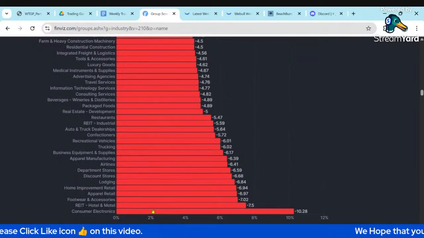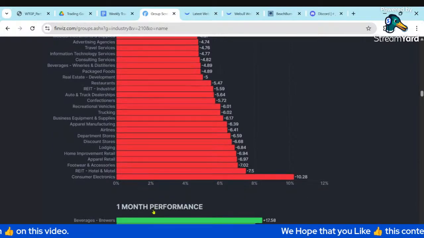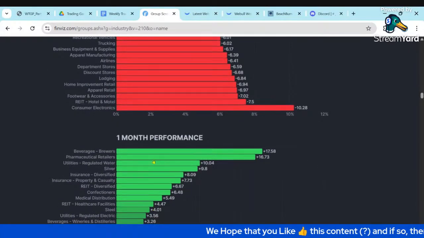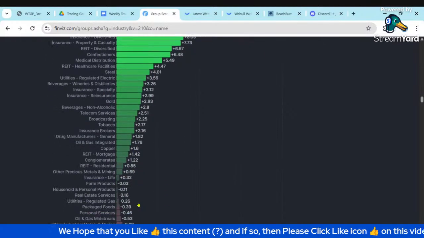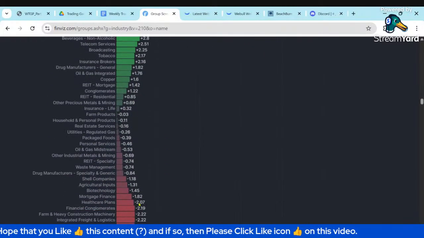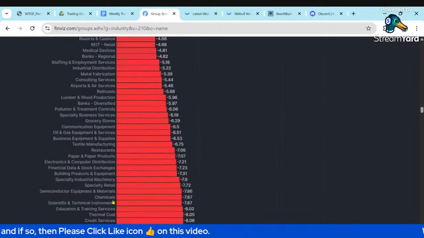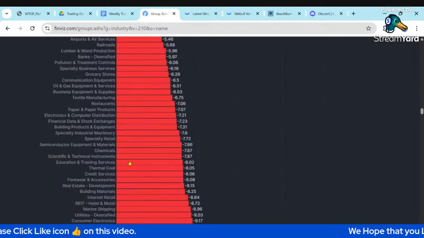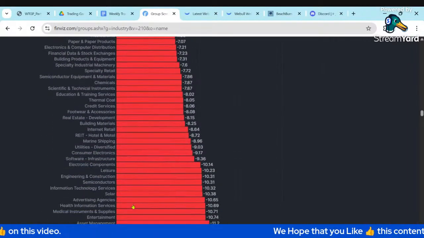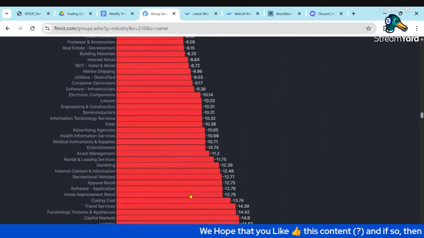Retail, again, a lot of weakness in retail. For the month, again, materials, silver, steel, gold. Again, REITs generally negative. Coal negative. Solar very negative.